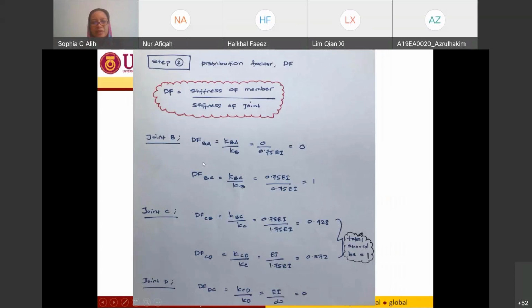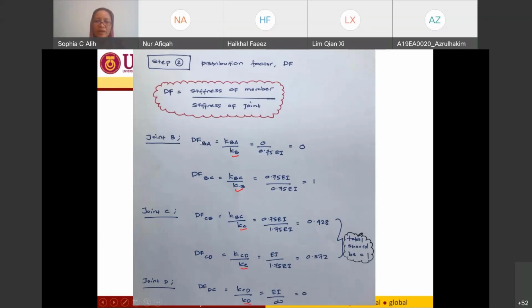And in order for me to calculate each of these, I refer to this equation, stiffness of the member divided by stiffness of the joint. The stiffness of the joint is always referring to the joint that you are considering. So for joint B, always I have KB, and for joint C, I have KC, and for joint D, I divide with KD. And the member stiffness is for the member of the distribution factor that you're considering.